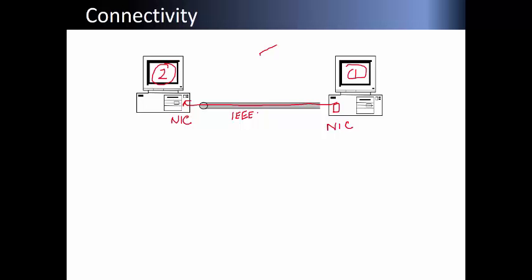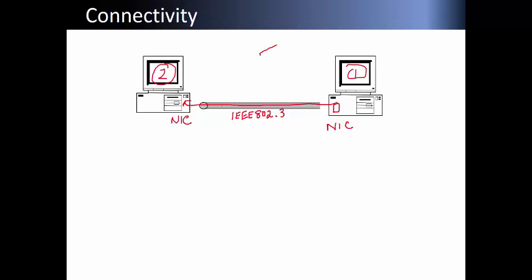IEEE is the Institute of Electrical and Electronics Engineers, the international organization for electrical and electronic engineering. So they defined the 802, just a number system. And then 802.3, that is Ethernet communication.